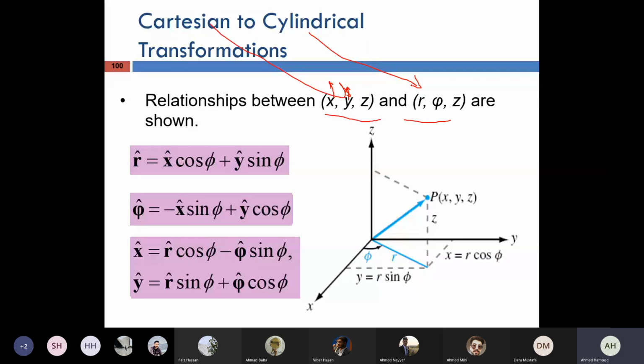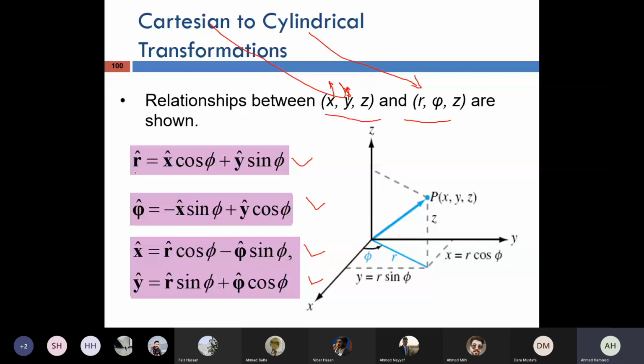In this case, we want to transfer from Cartesian to cylindrical. How to transfer? We have to use these 4 equations, because the question will give me Cartesian, and the output we need is to transfer it to cylindrical.